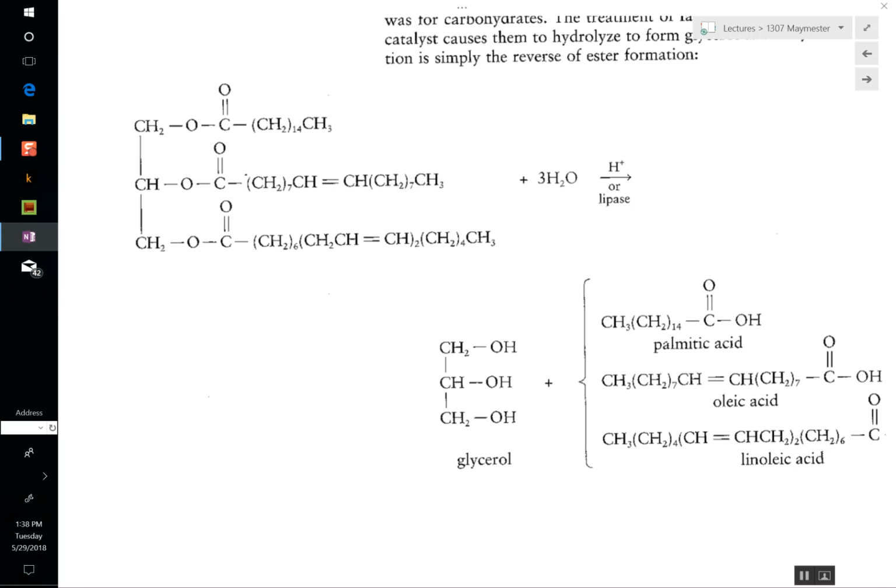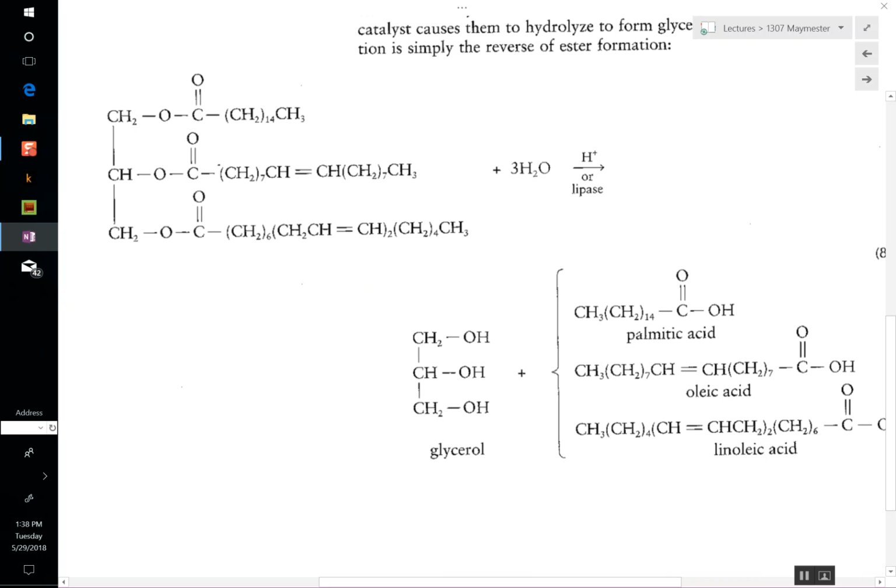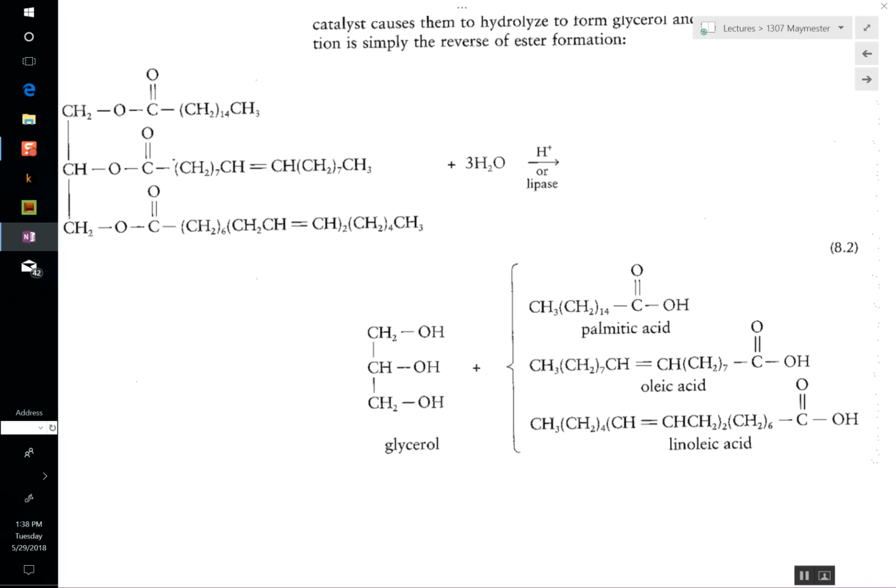So here's an enzyme in the body that will break down a triglyceride into glycerol and the 3 fatty acids. See that here's your carboxylic acid ends. You got your fatty acids. And that's the first reaction of triglycerides, hydrolysis.